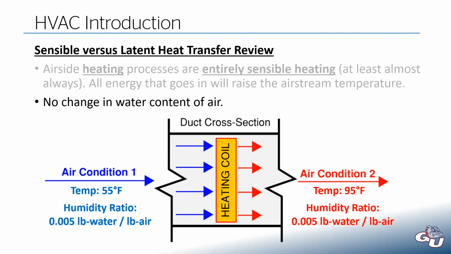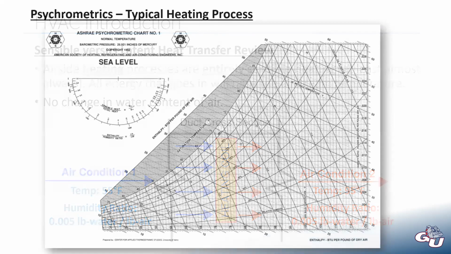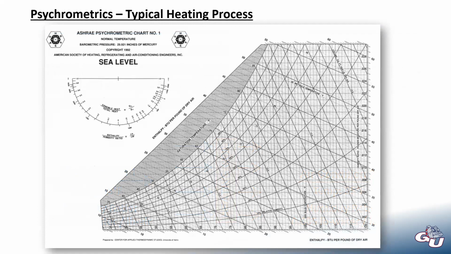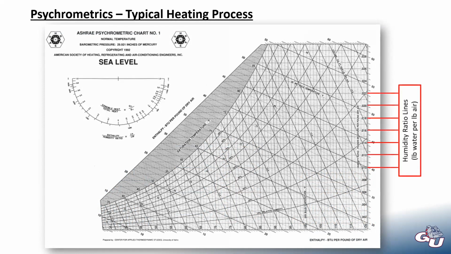So our temperature went up, but our water content, pounds of water per pound of air, stayed the same. You're probably groaning right now because you're probably getting some bad flashbacks from looking at this psychrometric chart. But this does help illustrate a sensible heating process.